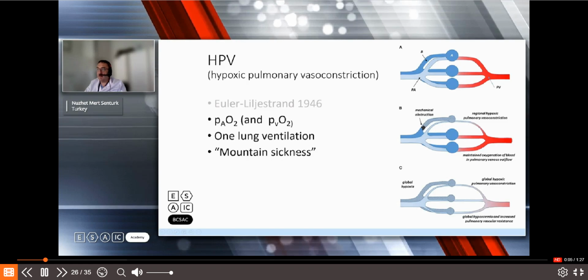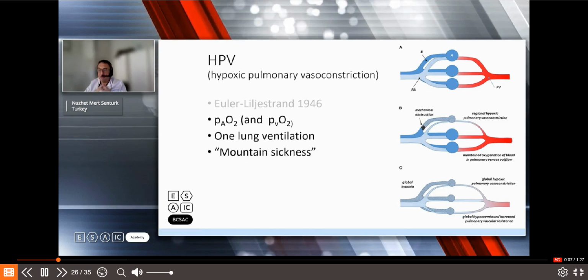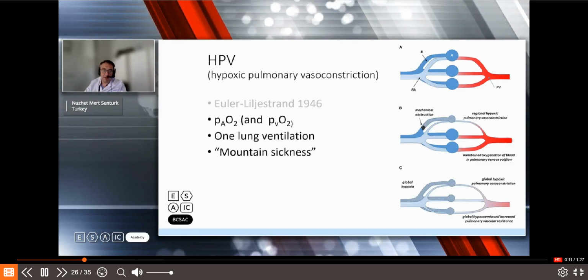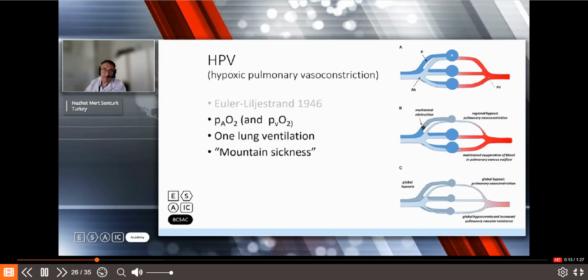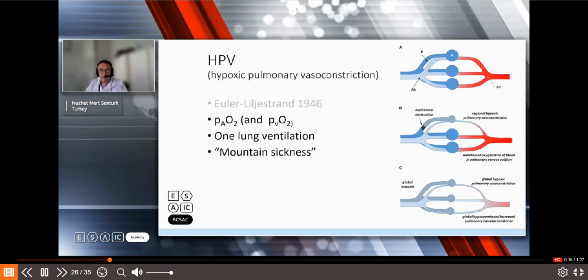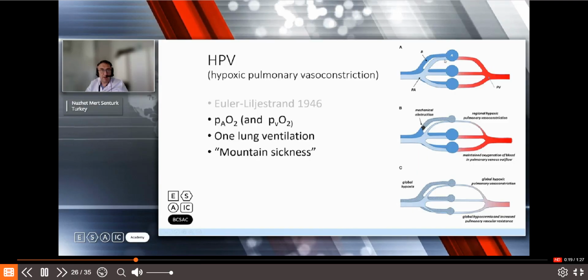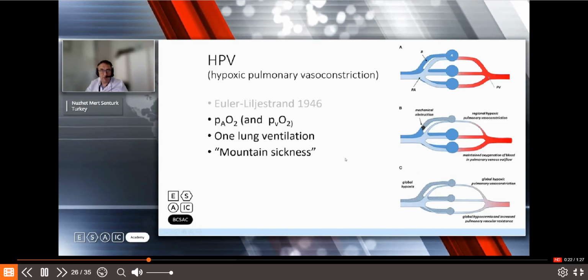First we had the gravity, and the second one regulating the perfusion is the hypoxic pulmonary vasoconstriction. The name is self-explaining, and it is the alveolar oxygen pressure which is the most important determinant of the hypoxic pulmonary vasoconstriction.